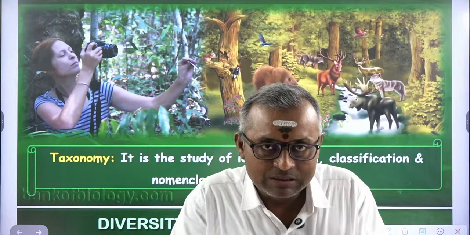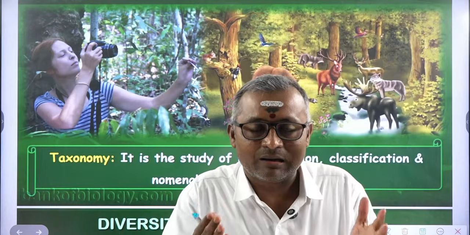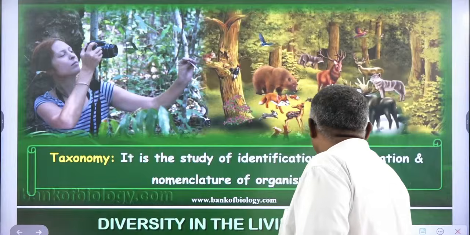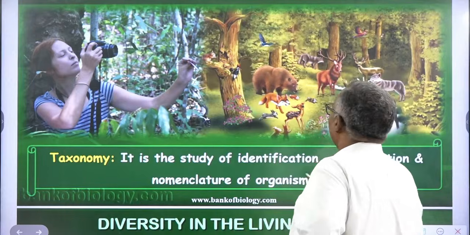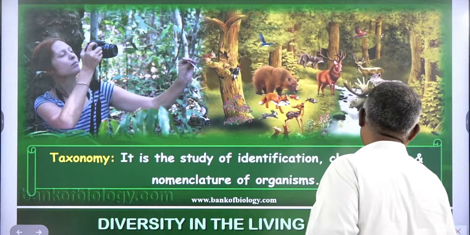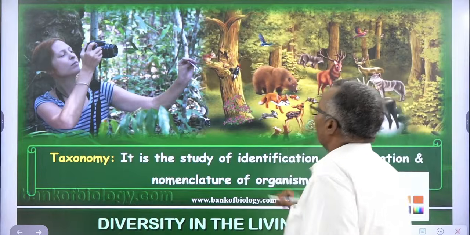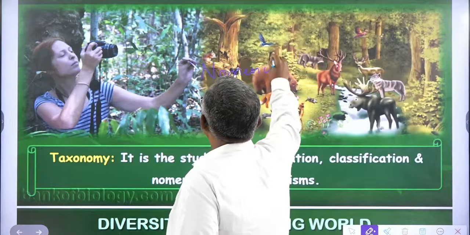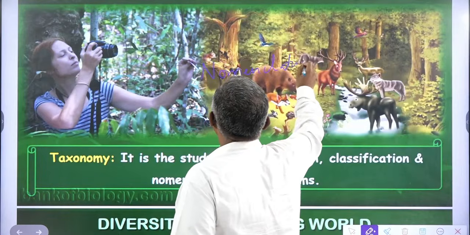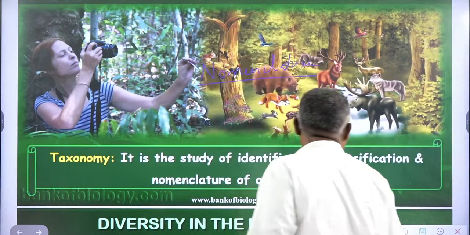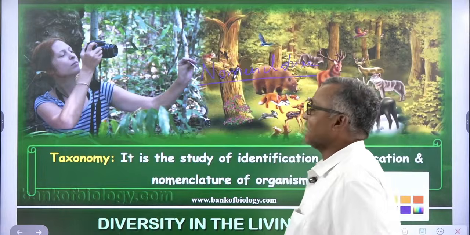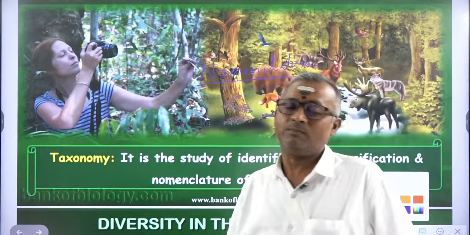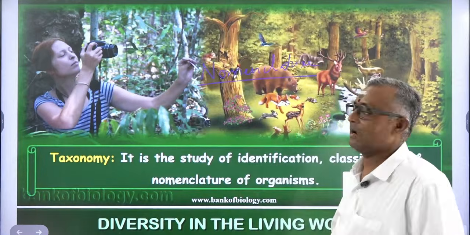This procedure of giving a correct scientific name to a known organism is called nomenclature. What is it called? Nomenclature. So nomenclature is a procedure of giving a correct scientific name to a known organism. This you have to remember.